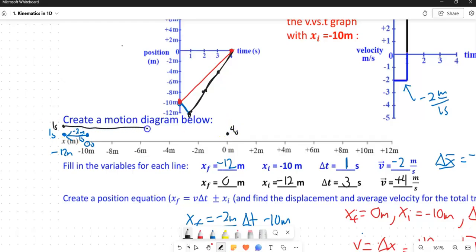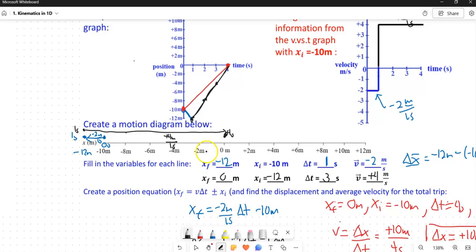So this is the velocity, and that is positive 4 meters for every 1 second. So 1, 2, 3, 4, that's from 1 second to 2 seconds, 2 seconds to 3 seconds, 3 seconds to 4 seconds. You don't have to draw all that. You could just draw just the given information. Okay?